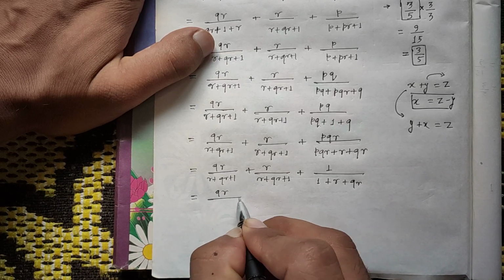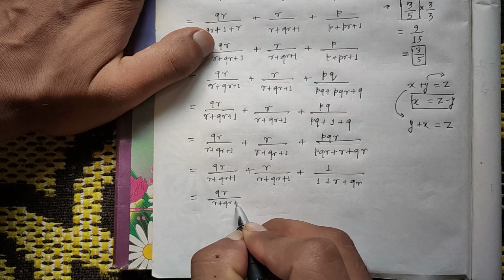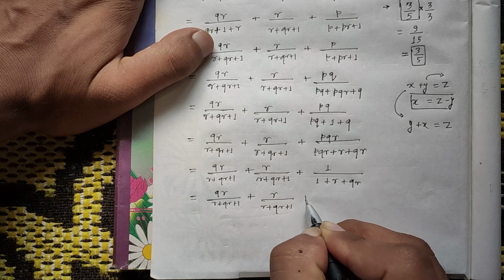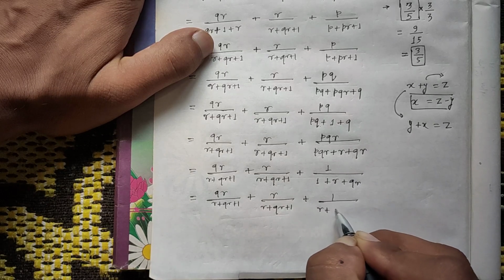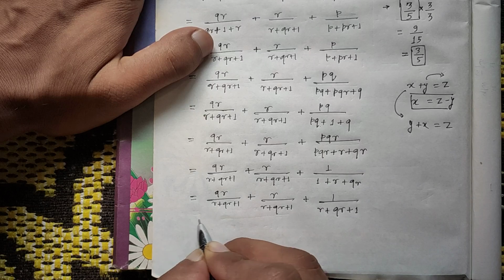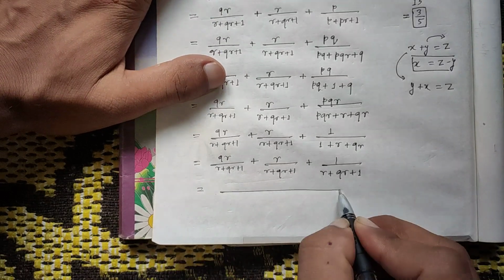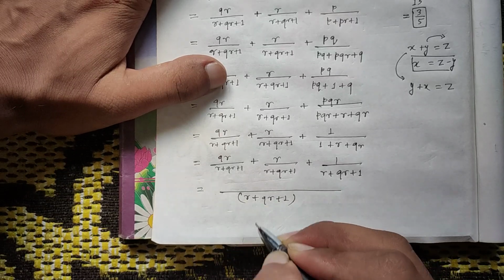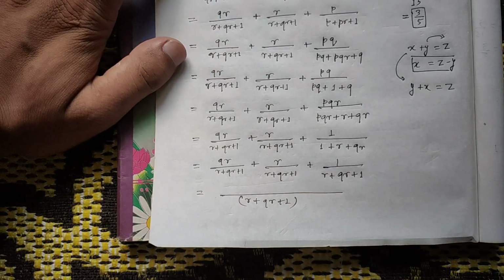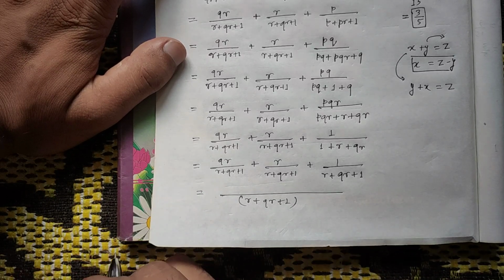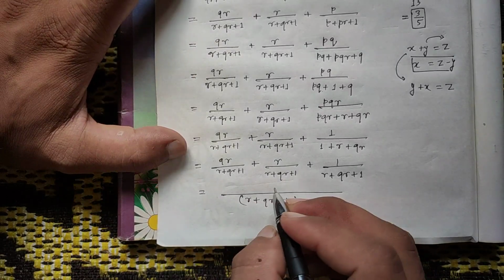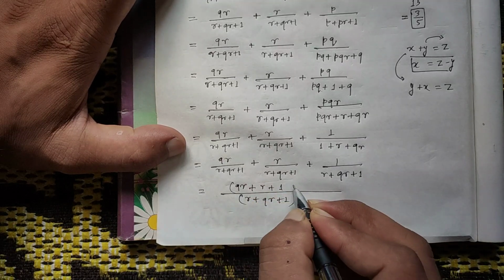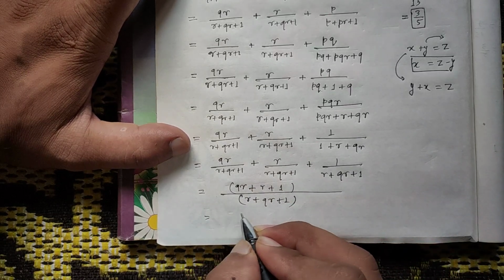Write one more step to show that their denominators are the same, r plus qr plus 1. Then take the LCM. The LCM is the same, because if the denominators are the same, we don't need to multiply or do anything to write the LCM. Then on the numerator we don't have to multiply with anything, because they all have the same denominator.